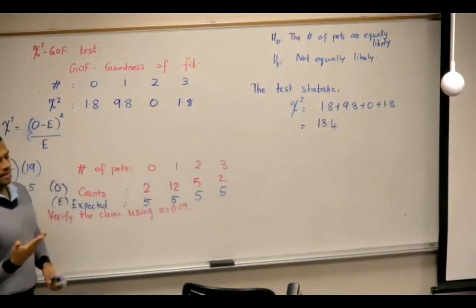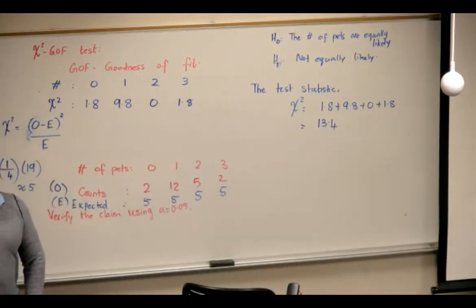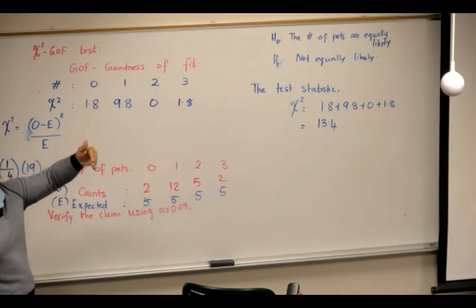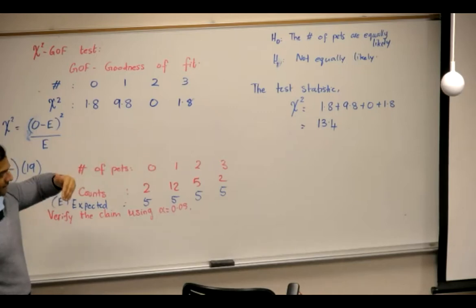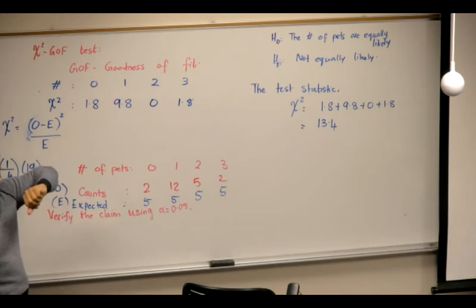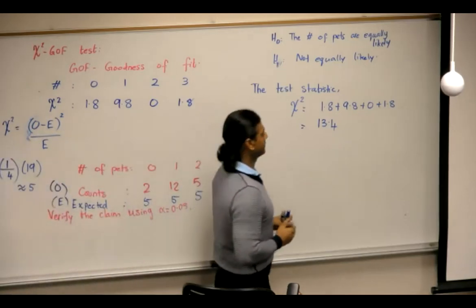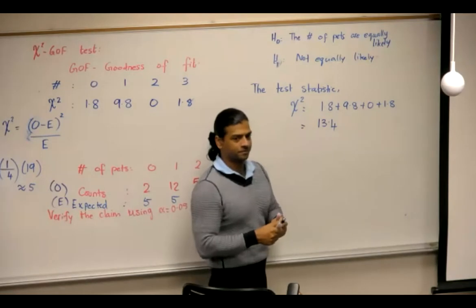Now, a chi-square test is always a right tail test, so the rejection region has to be on the right hand side. What does the chi-square distribution look like? Is it symmetric? No. Is it right skewed? Yes.